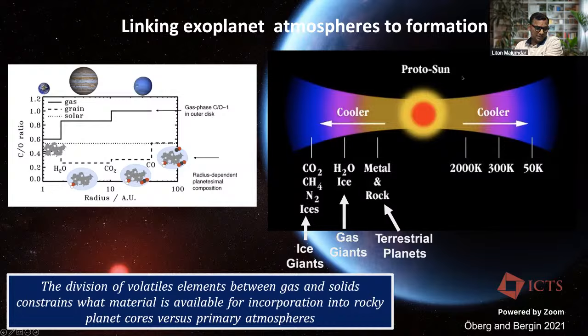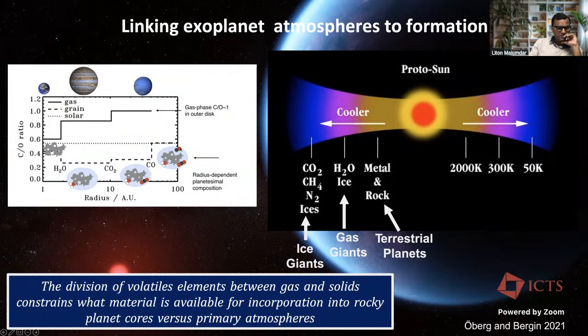So here on the left side, you have already seen this figure from Bart's presentation, but still I would like to show it to set the stage. What I'm showing here on the left side is the carbon to oxygen ratio, and on the x-axis I'm showing the radial dependence of the carbon to oxygen ratio. So what you can see here is essentially a radial snapshot.